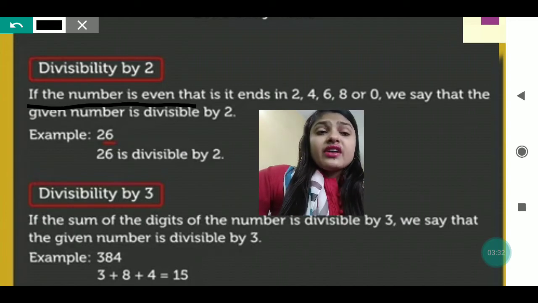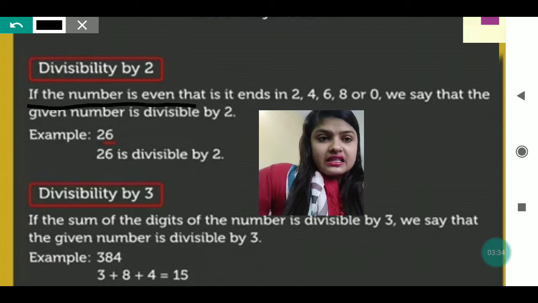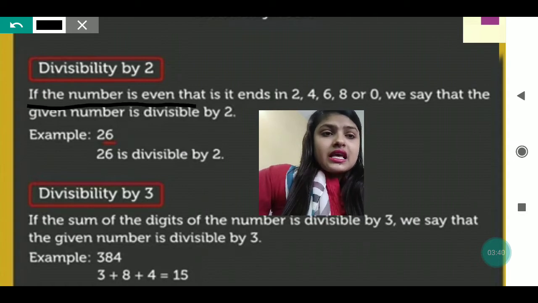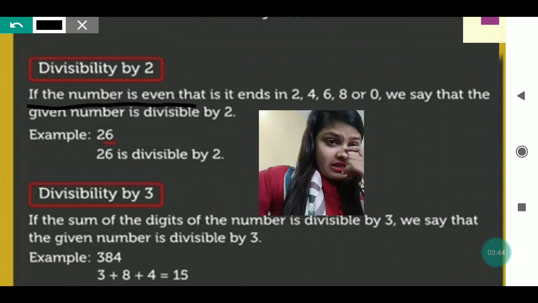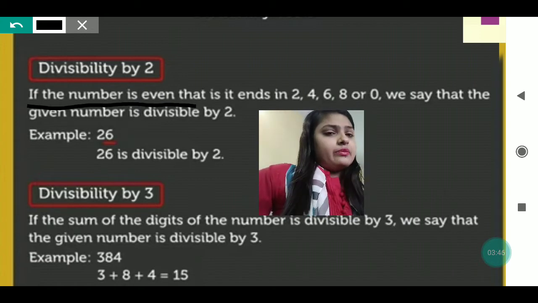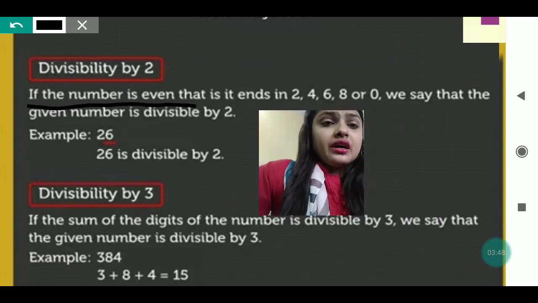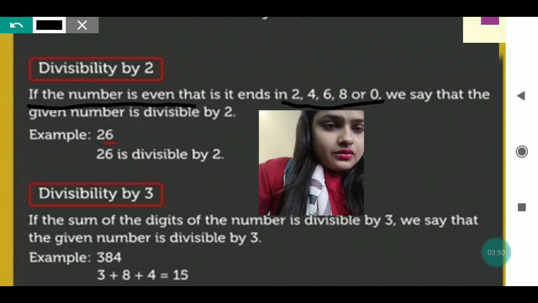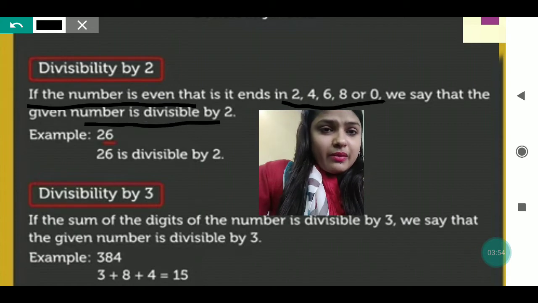Now, what are the ways to find out that these are even numbers? Very easy. Look at the last digit: 2, 4, 6, 8 or 0. If any one of these 5 digits is at the end, then it is an even number, and we say that the given number is divisible by 2.